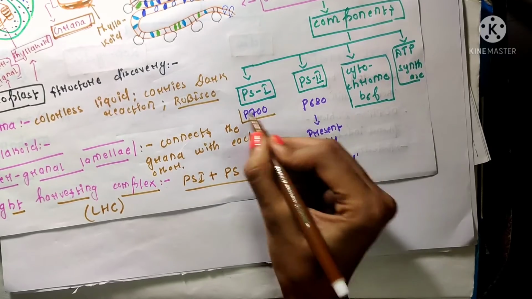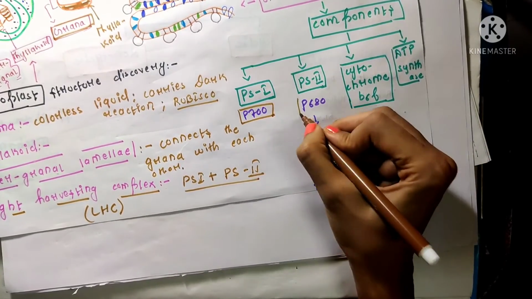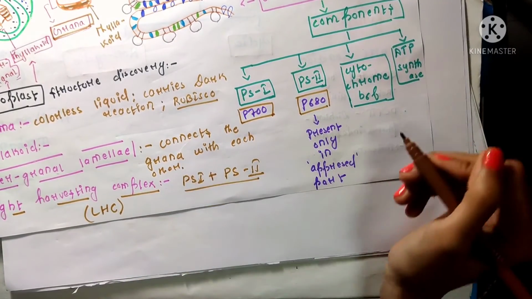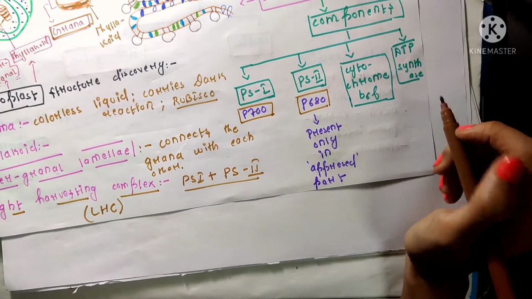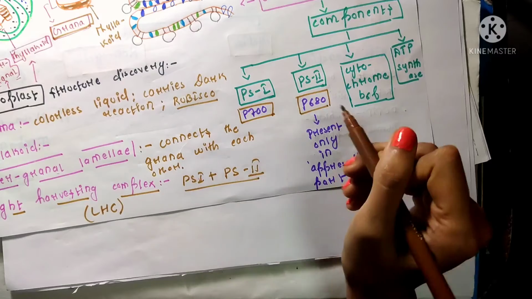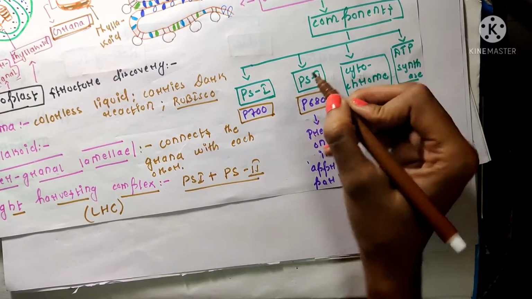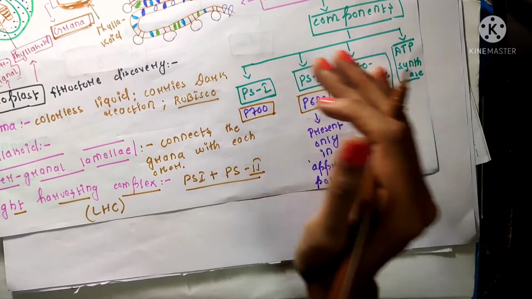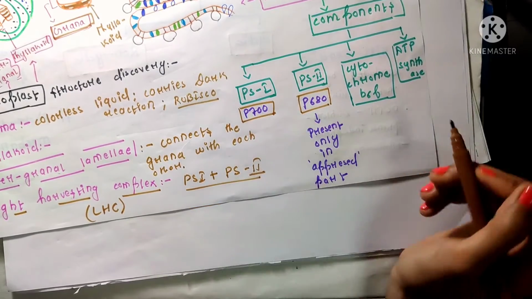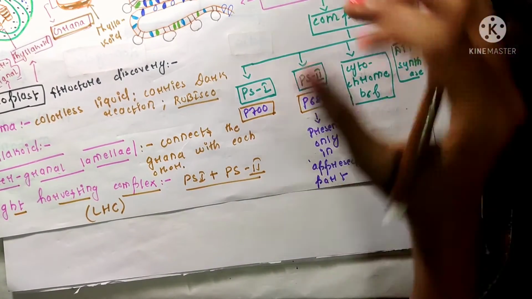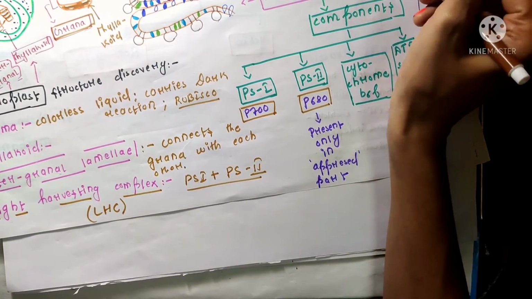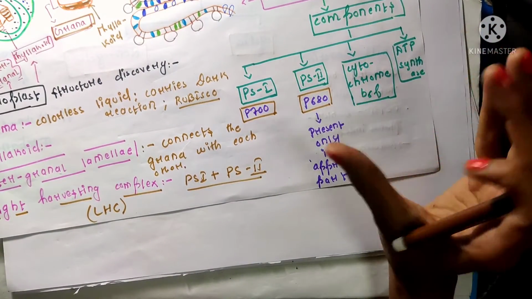PS1 is also called P700, and PS2 is called P680. Although PS2 comes first in the electron transport chain, because of its late discovery it is named PS2, and PS1 was discovered before PS2, so that's why it is called PS1, although it comes later in the electron transport chain. The only difference between the appressed and non-appressed part is the presence of PS2.